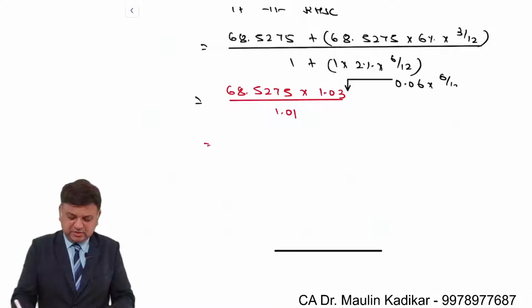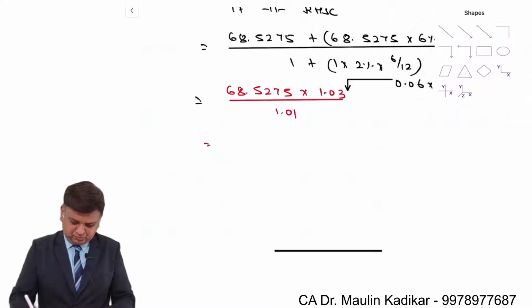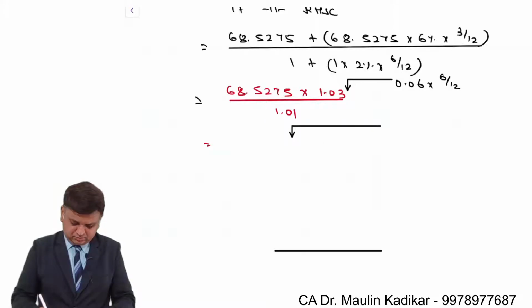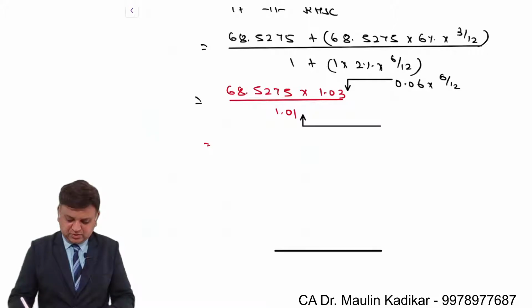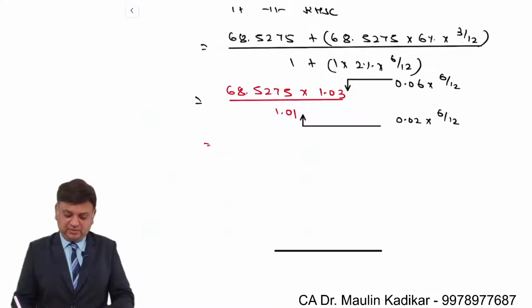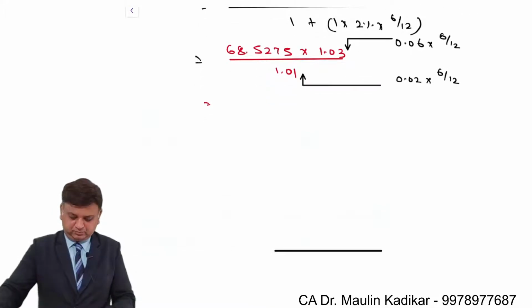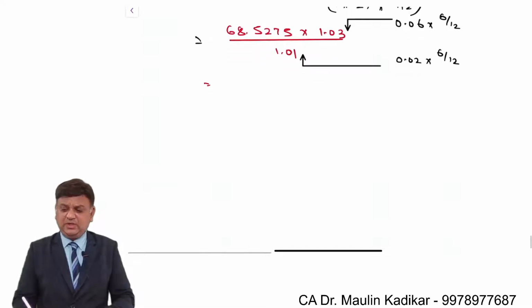(0.06) into 6 divided by 12. And 0.02 into again 6 divided by 12. $69.8845.